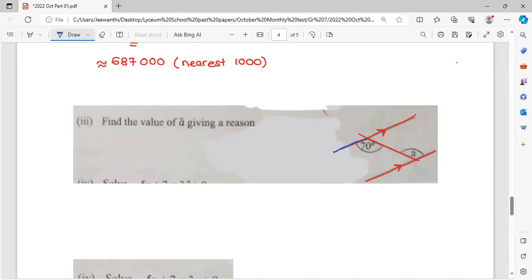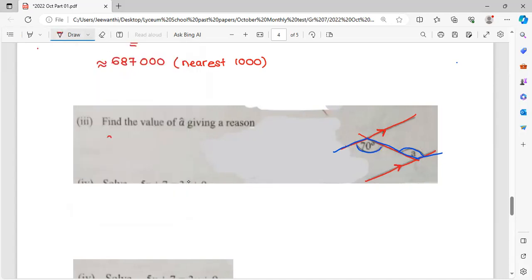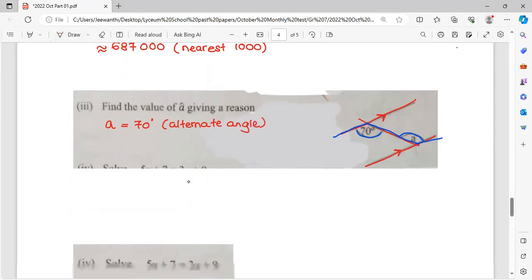See what is this? This one and this one. So A is equal to 70. Angle A is equal to 70 degrees. What is the reason? Alternate angles. Right, the Z letter.